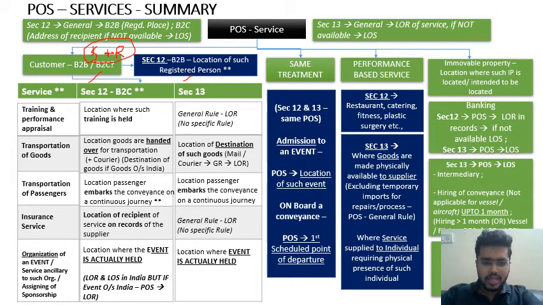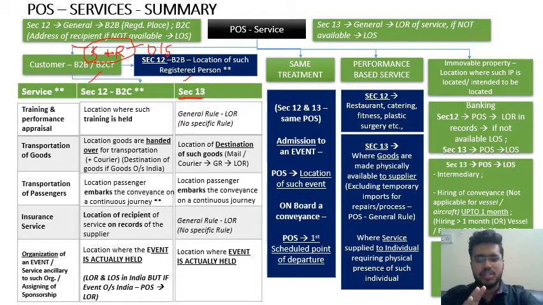If either the supplier or the recipient is outside India, not necessarily always the supplier or always the recipient, if either of them is outside India, please don't go to section 12. You need to refer to section 13 to identify the place of supply.